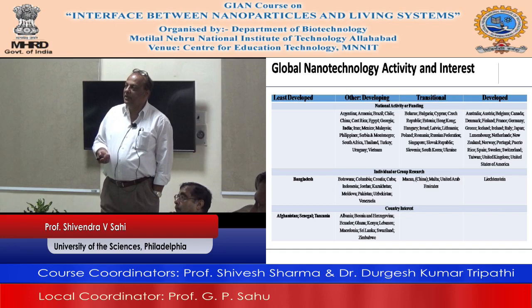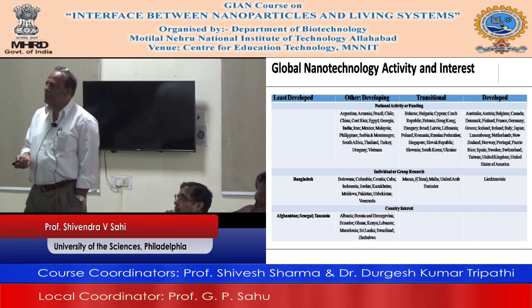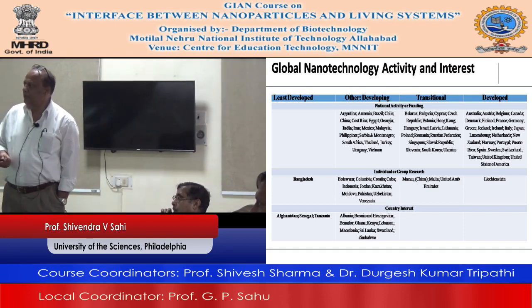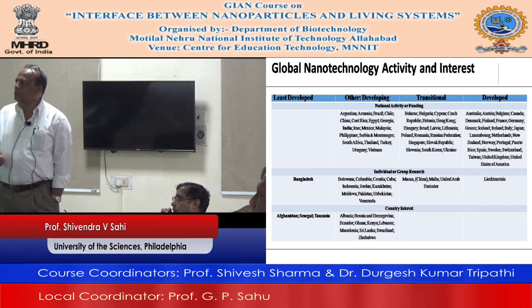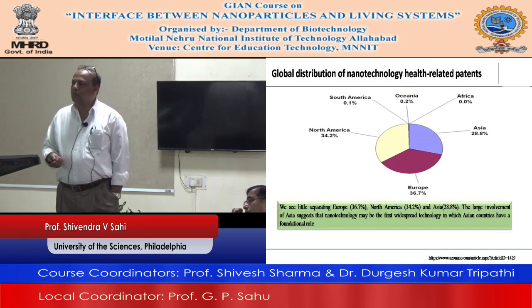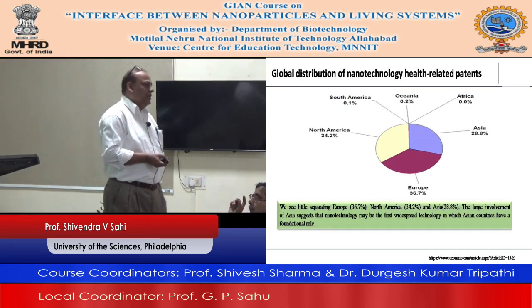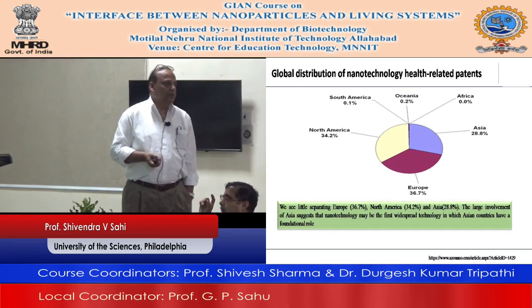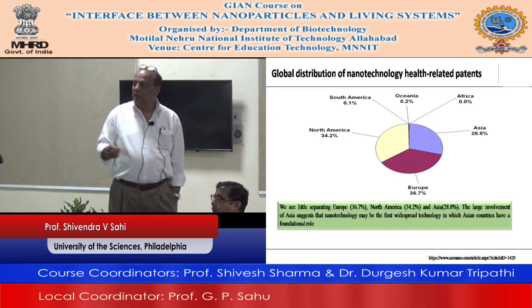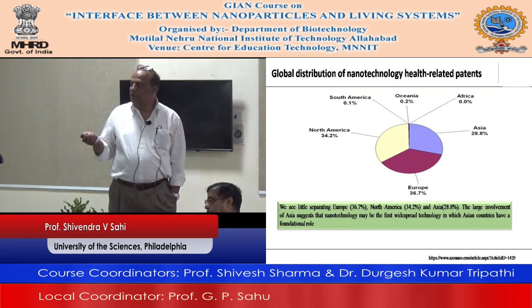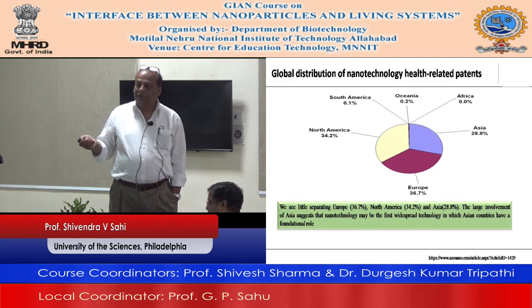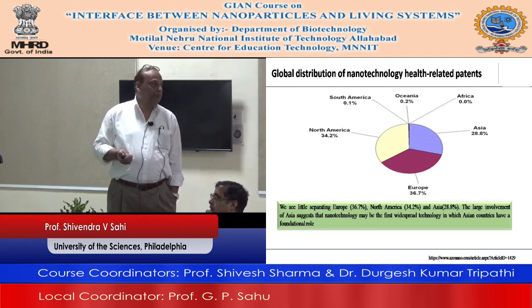Sorry about that, I'm not sure why some of the slides are so light. But if you look at patents, the intellectual property that came out of nanotechnology research, Europe has the highest number, pretty close to North America, 36%, 34%.